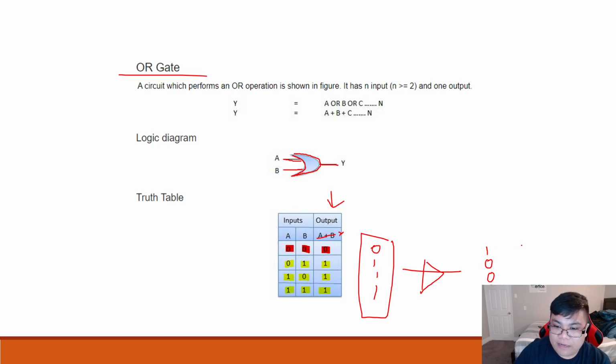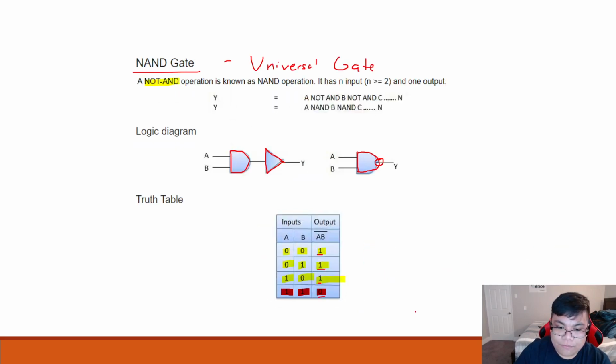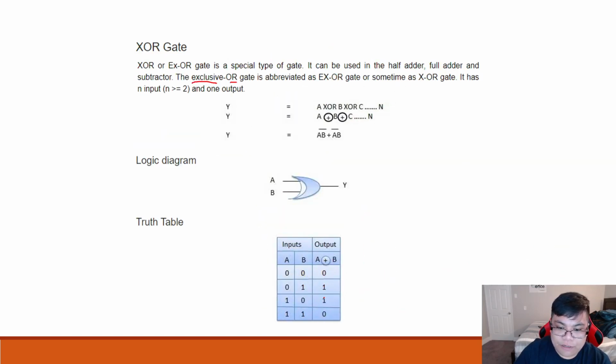So instead of being 0, 1, 1, 1, this is actually going to be 0, 1, 1, 0, which you see here, 0, 1, 1, 0. Okay, so the truth table of the OR gate and the XOR gate are the same except for the bottom part of the truth table.